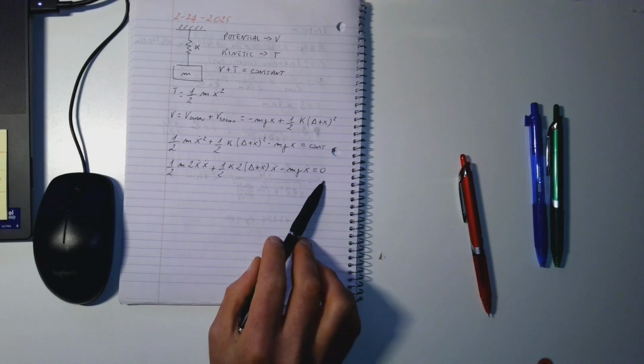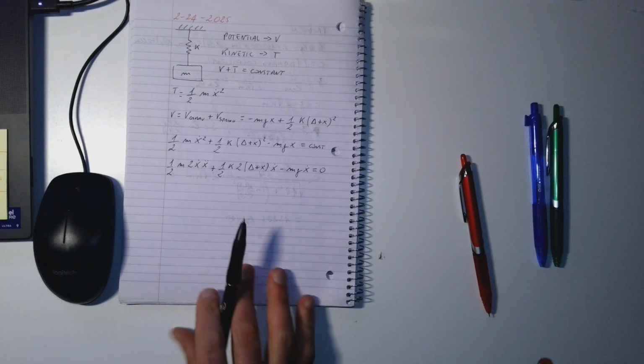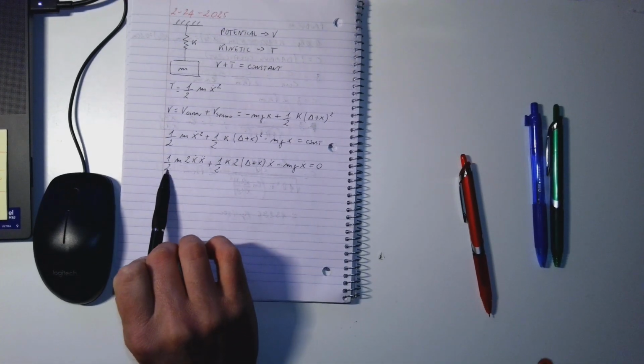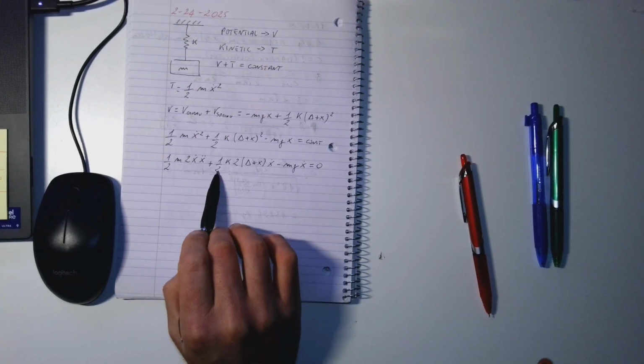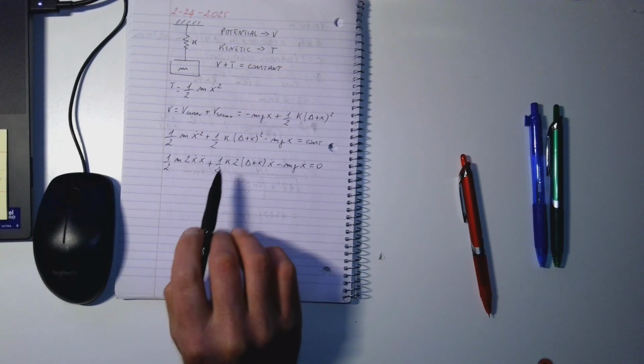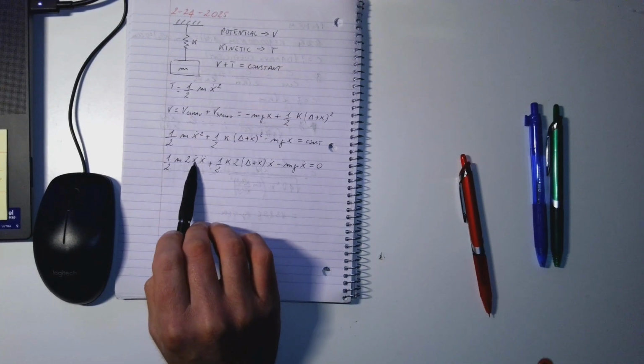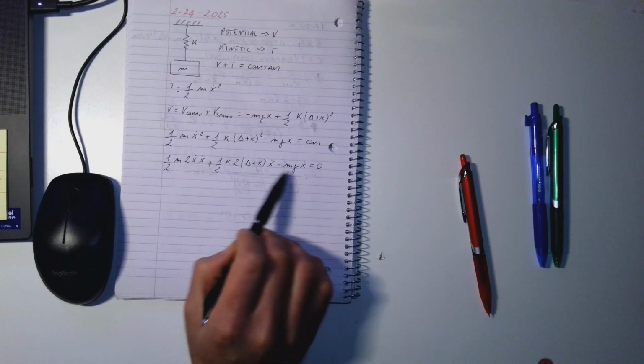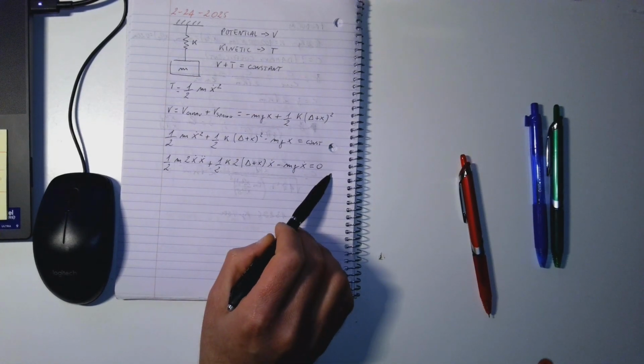So now we can simplify this expression, because we can get rid of these 2 here with these 2 here with these 2 here. We can also get rid of the x dot, because it appears in all 3 terms, and then we have equal to 0.